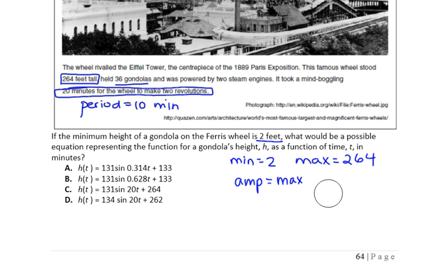Max minus min divided by 2. So 264 minus 2 over 2. 262 divided by 2, 131. So our amplitude's 131. So right away, who can we cross off? Just D, based on the amplitude.